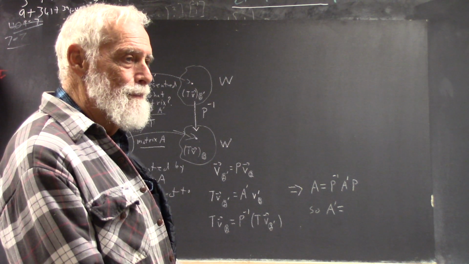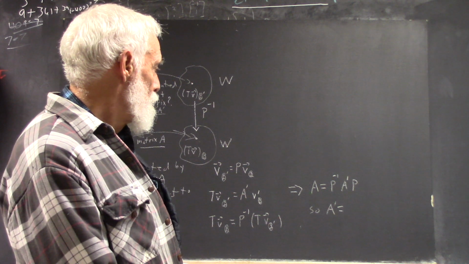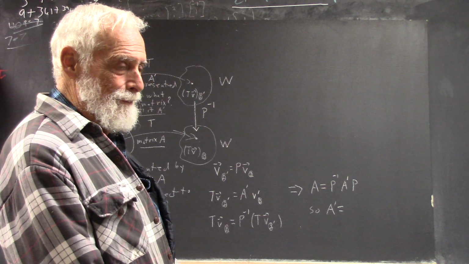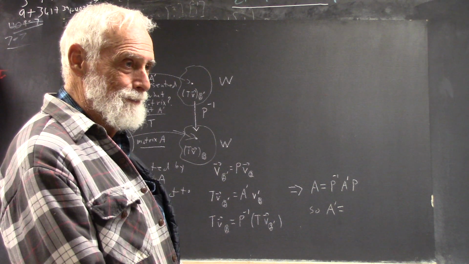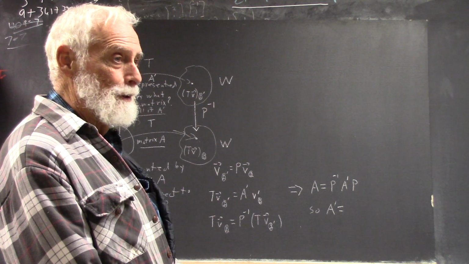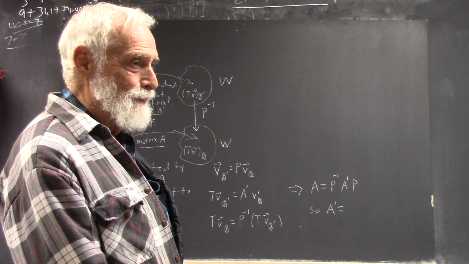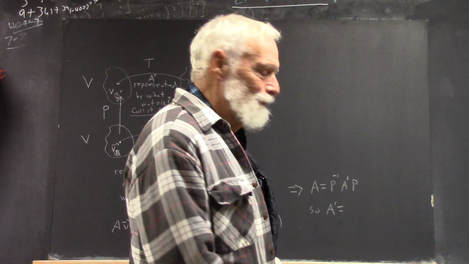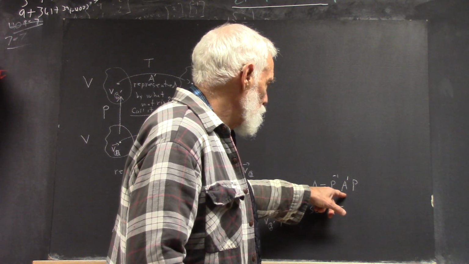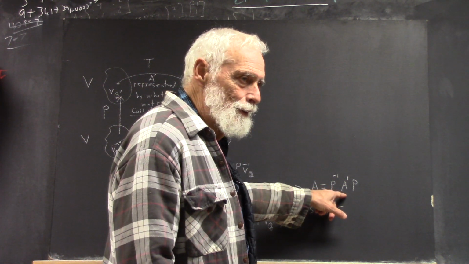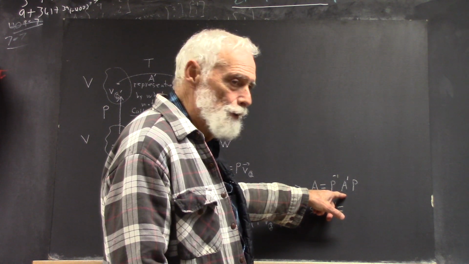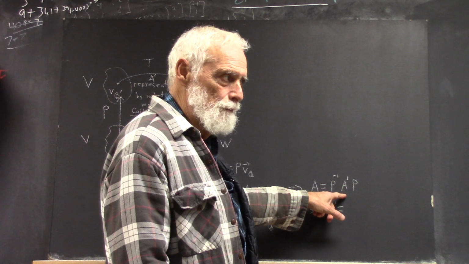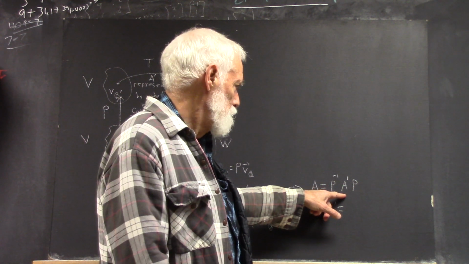P inverse times P is just the identity. Yeah, but P inverse doesn't get multiplied by P. Matrix multiplication is not commutative. P inverse is never going to be next to P. Yeah, I know. Brain misfire. Okay, so what are you going to do to solve this for A prime? What operation, or what series of operations, would you do to solve this equation?